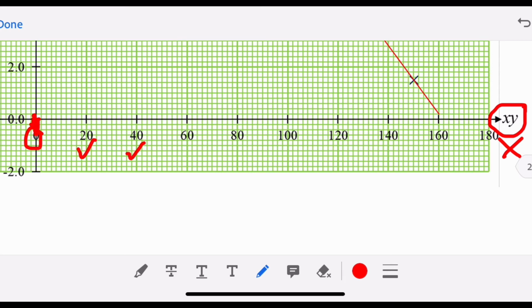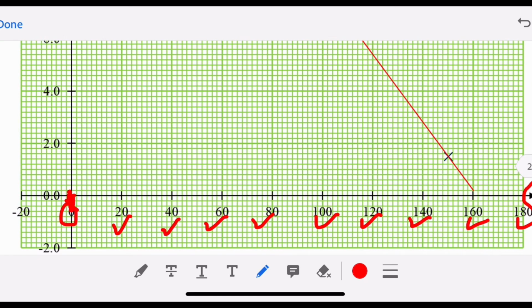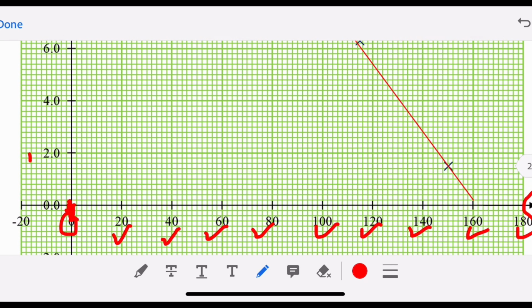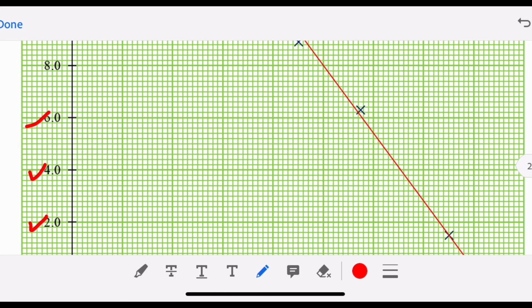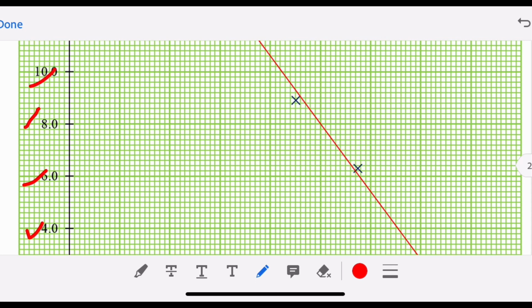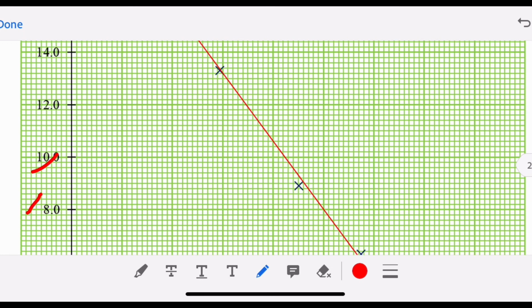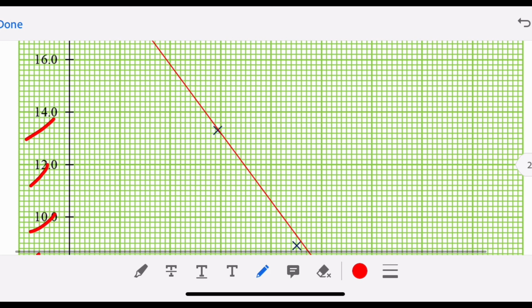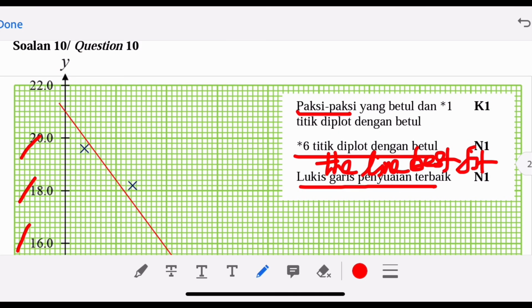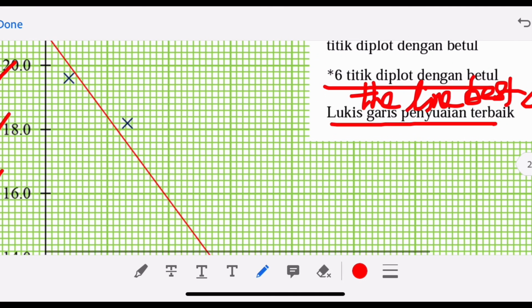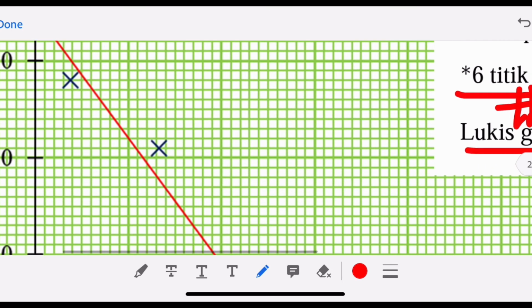So you have 20, 40, 60, 80, 100, 120, 140, until the last one, 180. For the big Y, we have 2, 4, 6. We need to follow the scale and make sure the scale is uniform, 10, 12, until 16, 18, 20, until 22. And then we plot the points correctly.